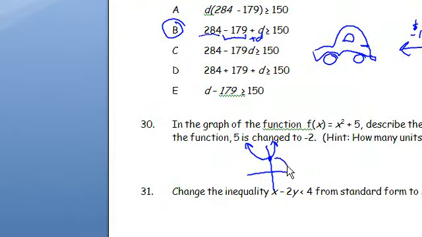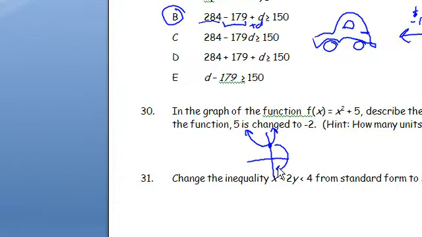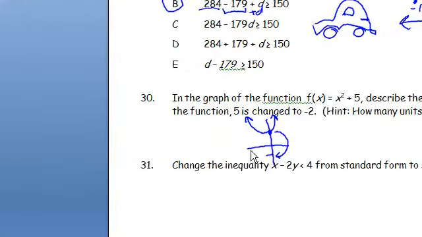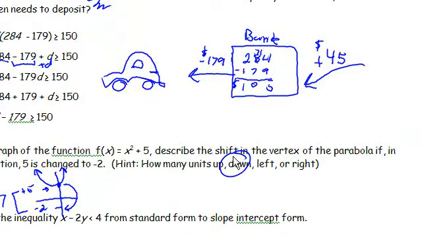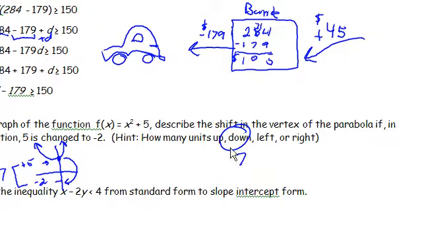We'd take that vertex and bring it all the way down to -2, and up here it's at +5. That's a total distance change of 7 units in the downward direction. So it's going to be down 7 units.